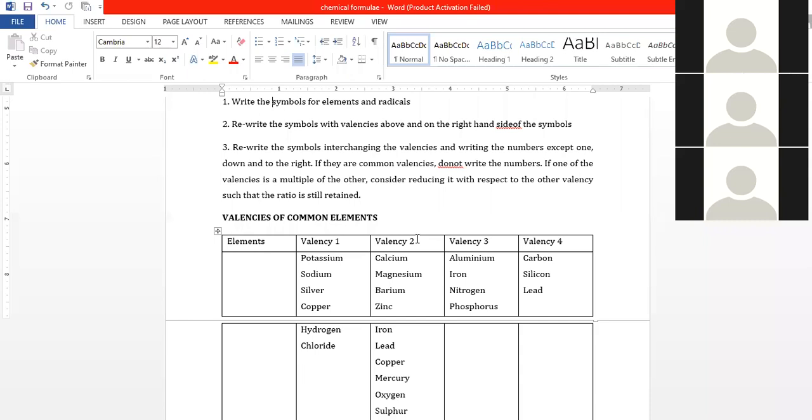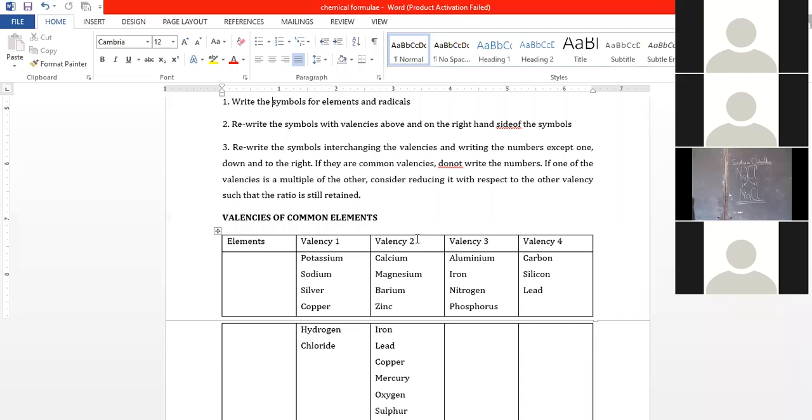Buinza, can you give me the definition of a valency? Valence is the number of electrons needed to make an atom stable. So you need to refer to what we looked at during the last session.